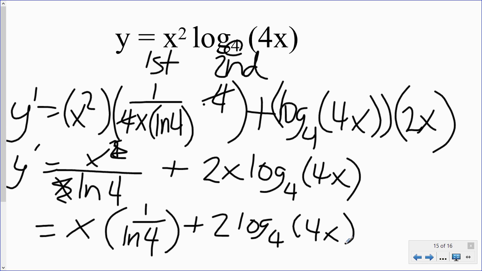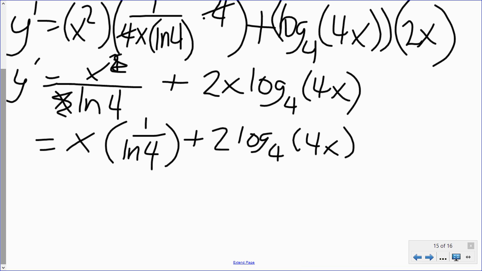And then, you know, if we didn't want to leave that 1 over natural log of 4 just because it's a little ugly, I think I would just multiply straight across. Oh, I'm sorry, I forgot. I factored that out of all of this. There we go.